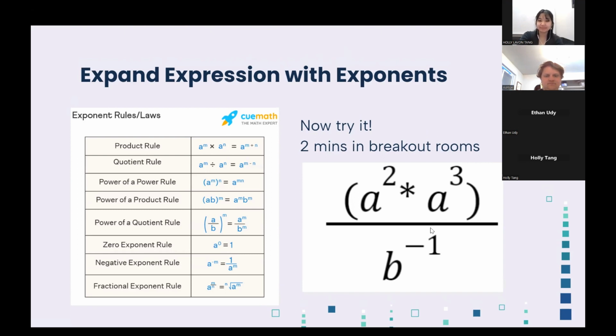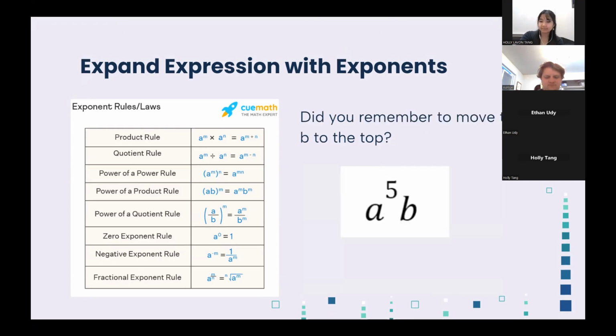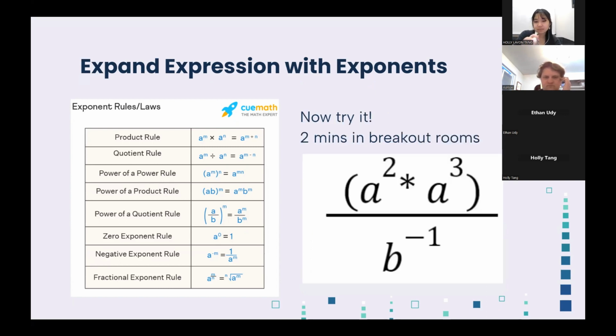So is it 1 over a to the 5th b? I got a to the 5th power b. Yes. So Ethan, what did you do on yours? I always get confused with this. What I did, I just added the 2 exponents, and then I thought you were supposed to flip it to get rid of the negative exponent.